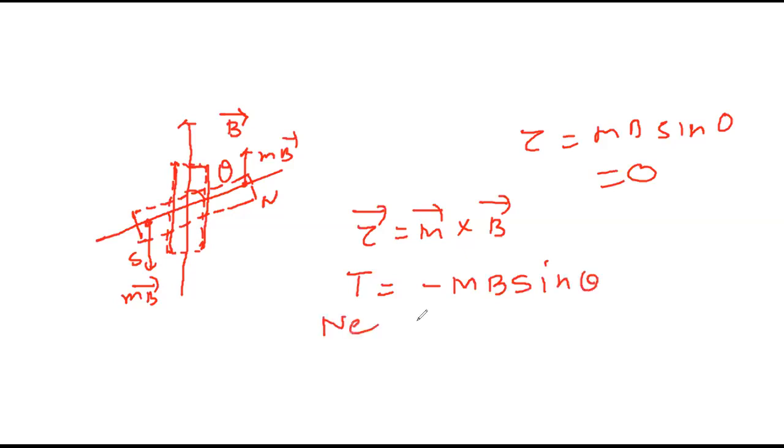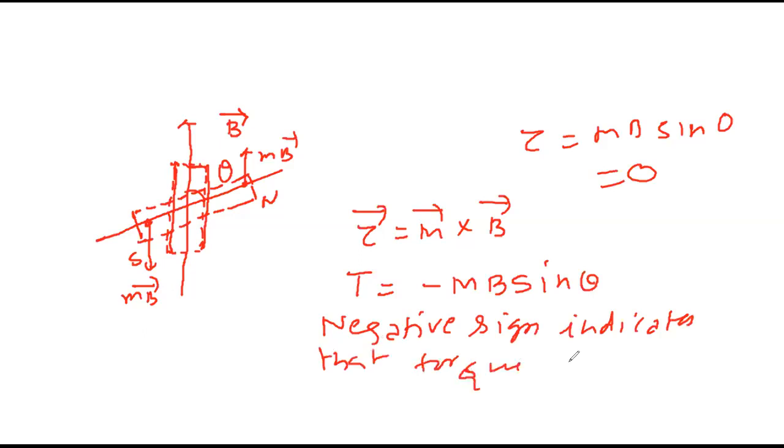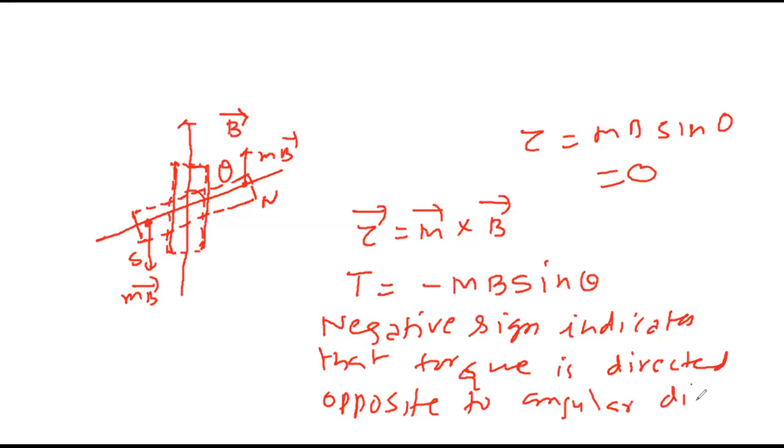The negative sign indicates that torque is directed opposite to angular displacement, because we are pushing it anti-clockwise and torque is trying to bring it back, so it is opposite to angular displacement.